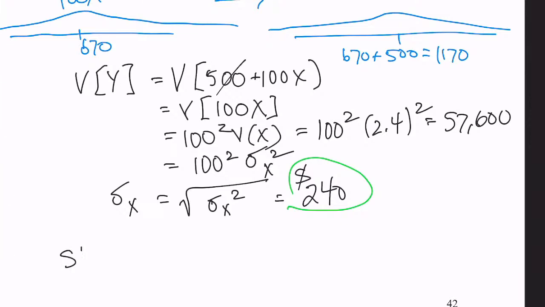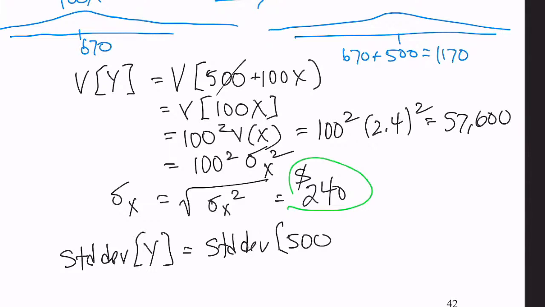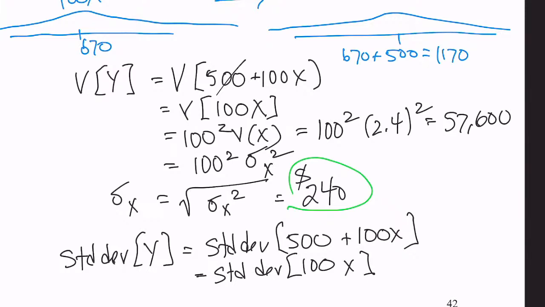But see, I don't write it like this usually. So again, the 500 just drops out, and this just becomes 100 times sigma x.